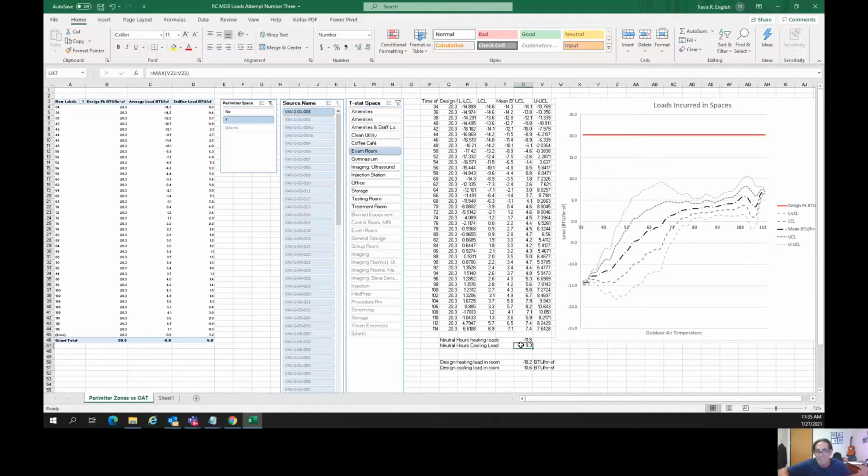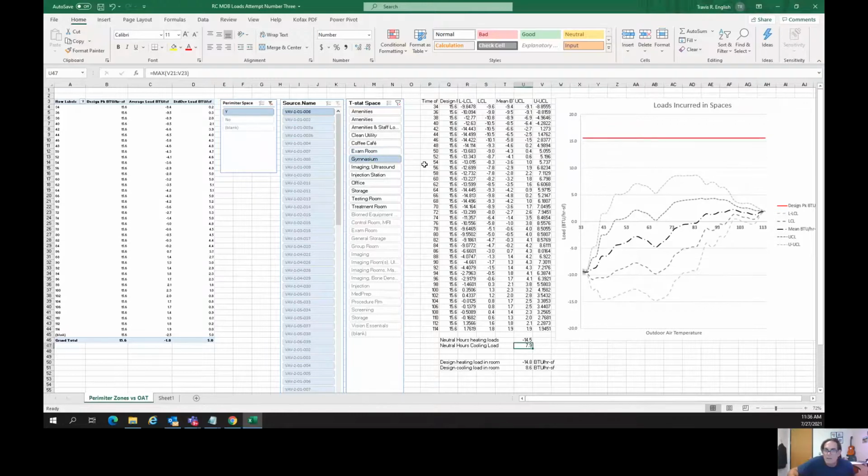In fact, look, the difference between the neutral hour cooling load and the overall peak hour cooling load are not too far off. Here's a gymnasium. It looks like when it's really warm, you just don't go to the gym. It's actually probably that we don't have as much data up there.